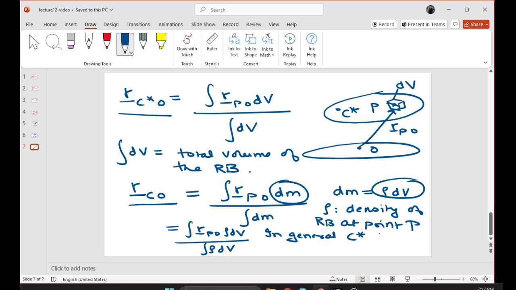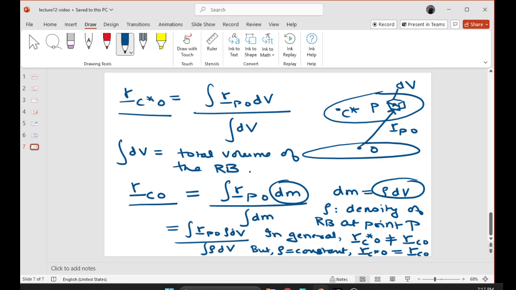In general, RC star O is not the same as RCO. But in the case rho is constant, RC star O becomes equal to RCO. The centroid becomes the same as the center of mass.